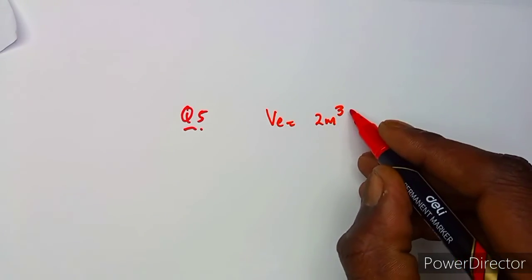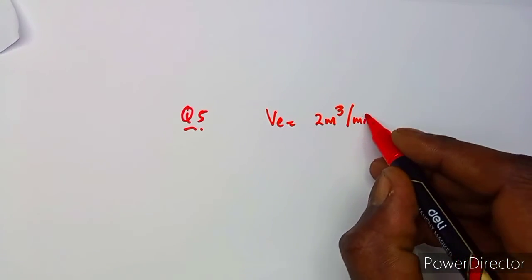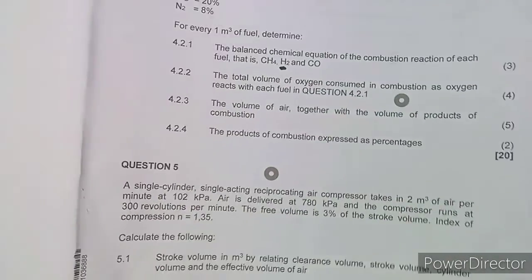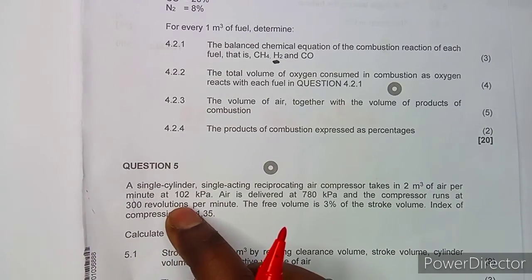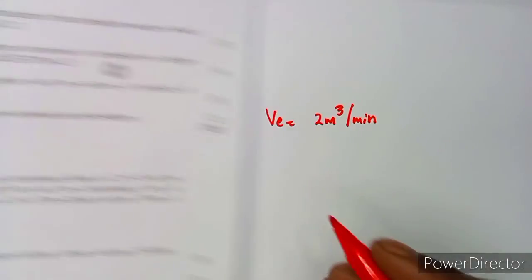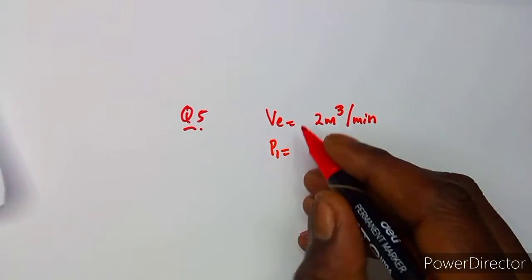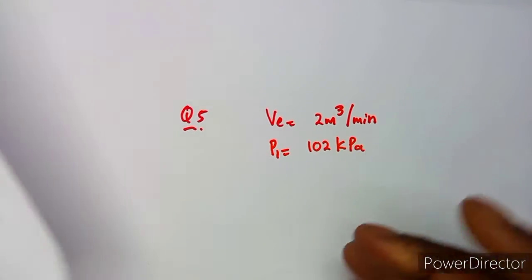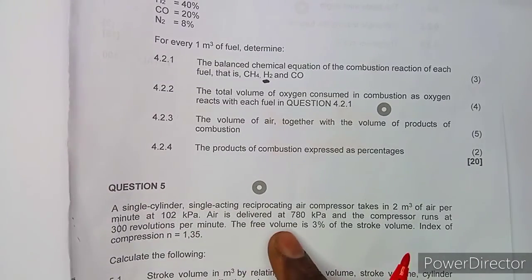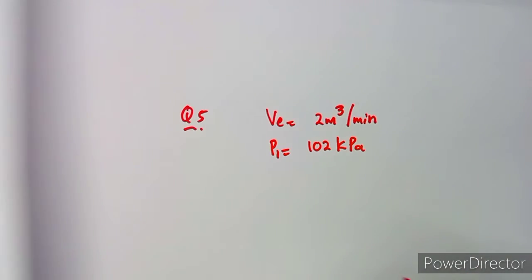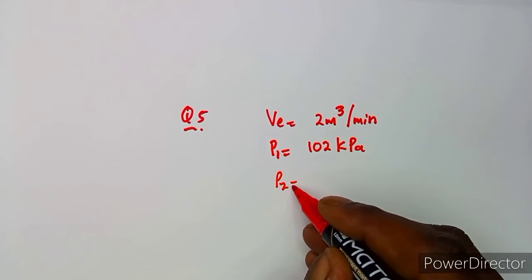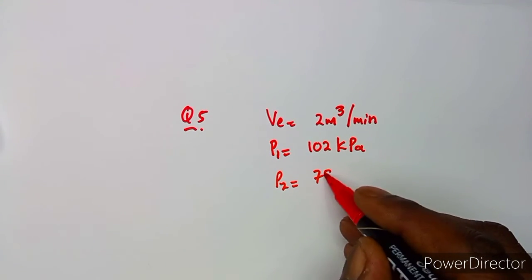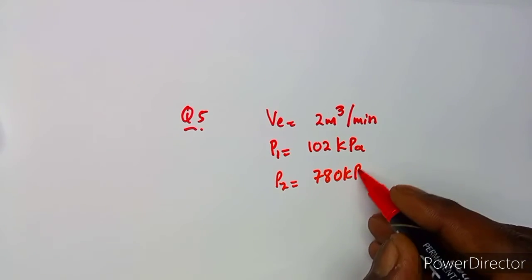2 cubic meters per minute. The inlet pressure, that is P in, P1, is 102 kilopascal. Air is delivered at, that is your P2, 780 kilopascal.